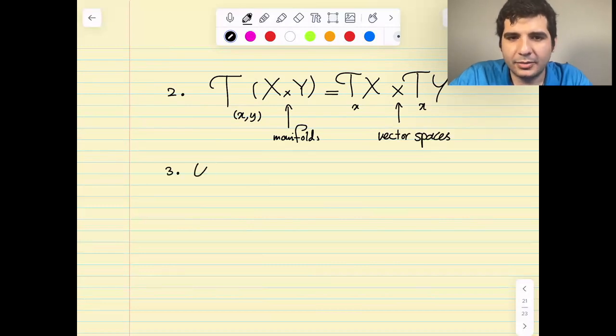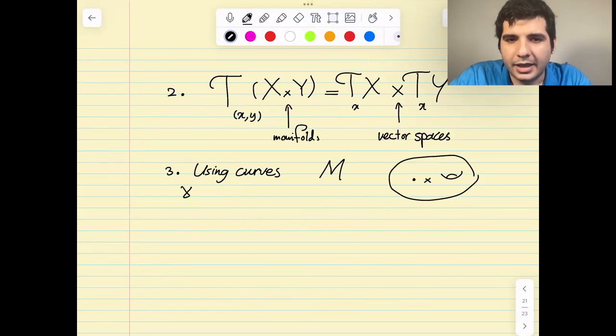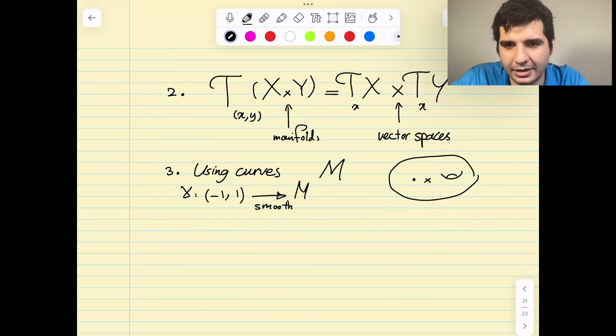The third essential property is that there's a different way to think about the tangent space, and that's using smooth curves inside the manifold. Again, let's say we have a smooth manifold M and a point x. We can think about curves gamma, smooth maps from an interval, say from -1 to 1, to M. Their image is a smooth curve inside the manifold M. Let's say gamma sends the point 0 to x. The image would be this blue curve inside the manifold.